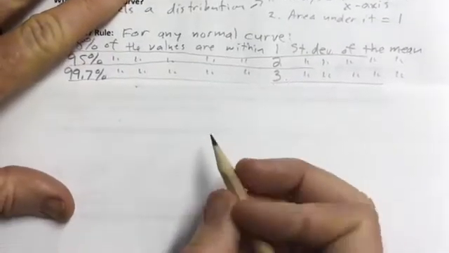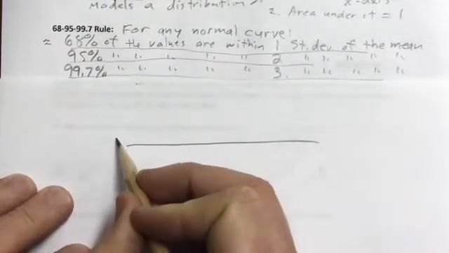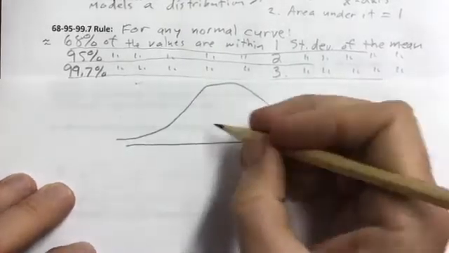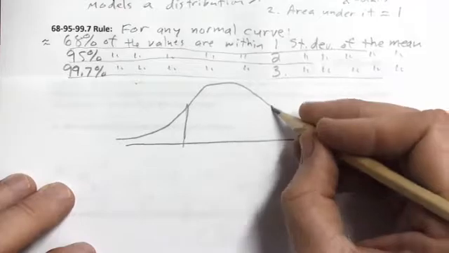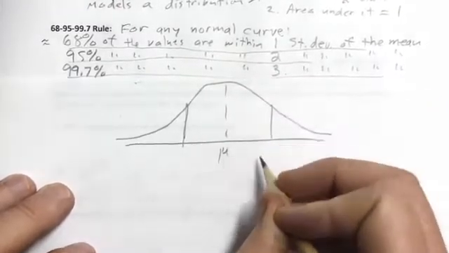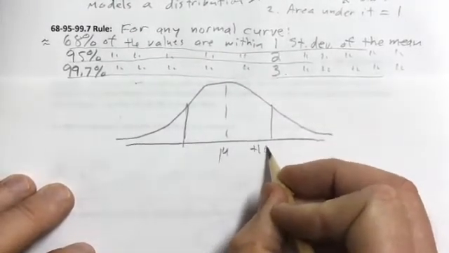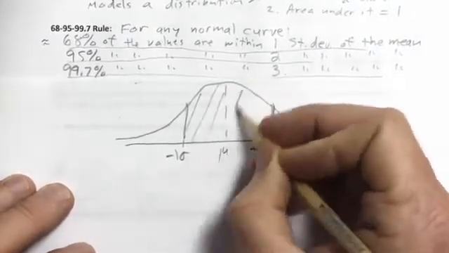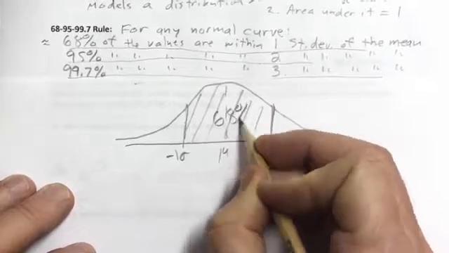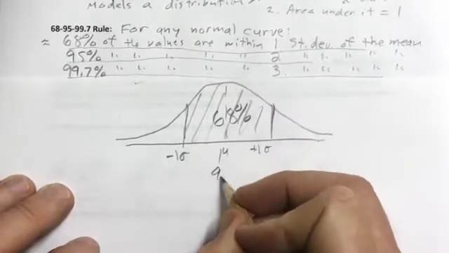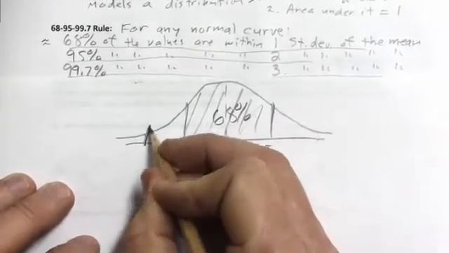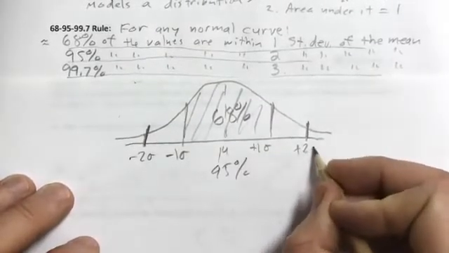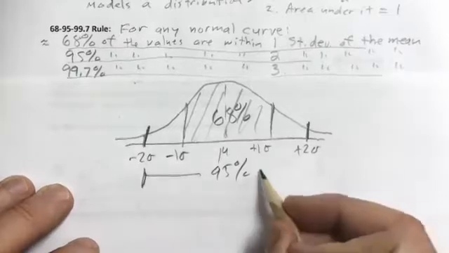When you look at a normal curve, it is a specific bell-shaped, symmetrical distribution. So here's the mean, there's sigma. If you go +1 standard deviation to there and -1 standard deviation to there, 68% of the values are between there and there. 95% are going to be within 2 standard deviations, so -2 sigma and +2 sigma, between there and there.